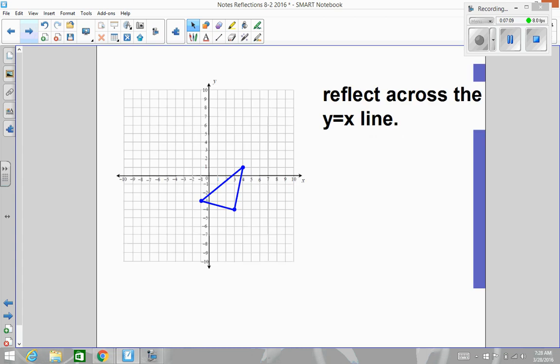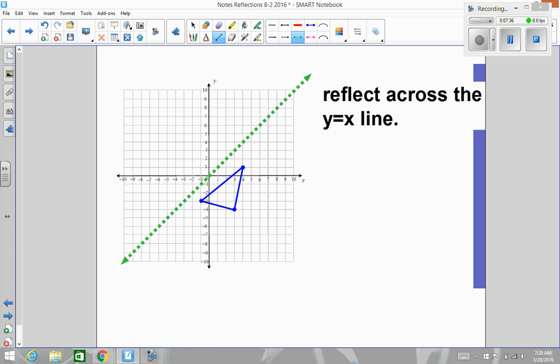All right, reflection across the line y = x. I'm going to do this one with you because even though there's a rule, it might help you to be able to do it without the rule. So first things first, we're going to start by just graphing the line y = x. And so y = x is the parent function, so it kind of looks like this.